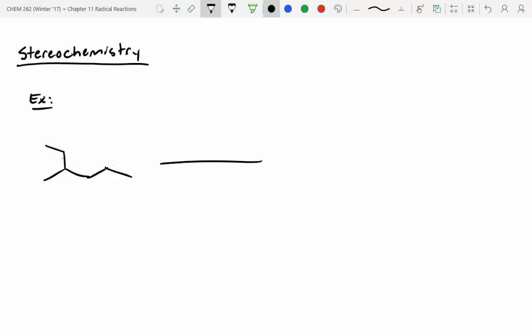Here we go. And we've got bromine, and we've got UV light. Let's try to determine what our product would be for this radical bromination.